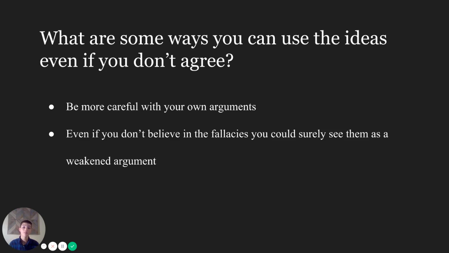But if you do disagree, some things to keep in mind were to be more careful with your own arguments. So even if you disagreed with maybe some of his fallacies and the criteria that he had for them, after listening to it, you can still take from that and recognize to be more careful with your arguments, to realize that other people are looking at your arguments more critically now, and you need to be more careful with them. Even if you don't believe in the fallacies, you can surely see them as a weakened argument.